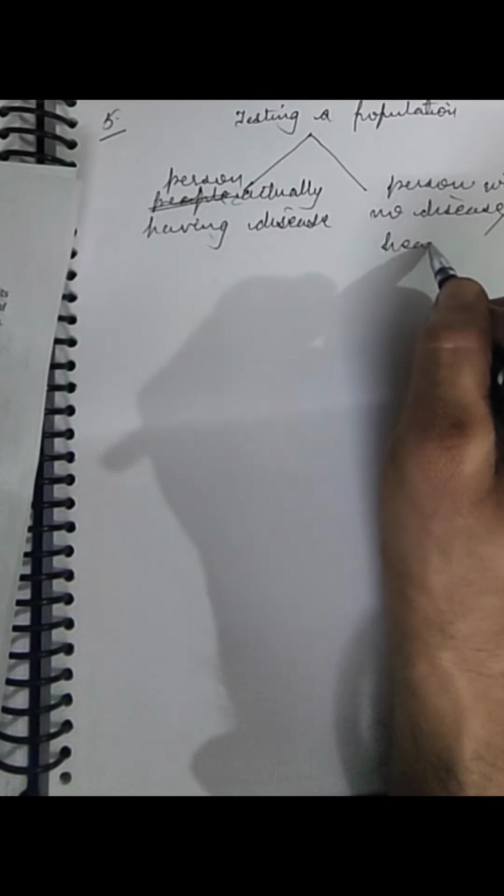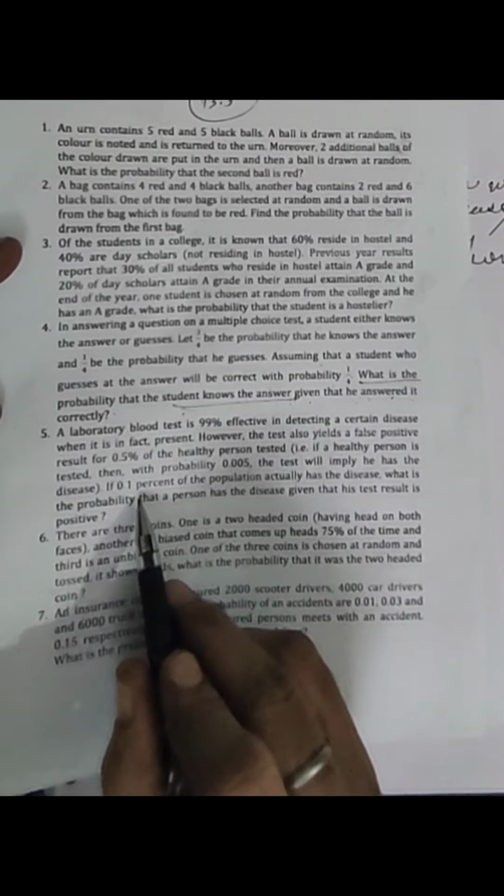And the second will be person with no disease, or a simple, very short statement can be written as healthy person. So clearly we are given that 0.1% of the population actually has the disease.